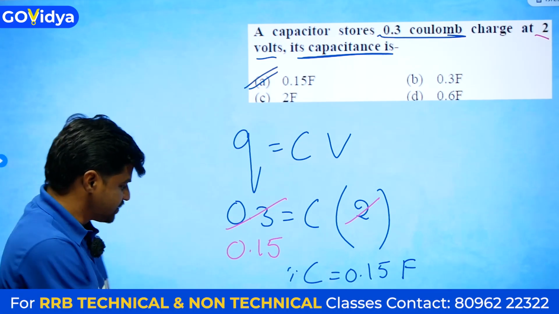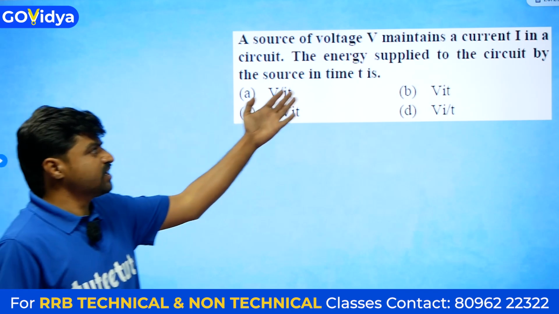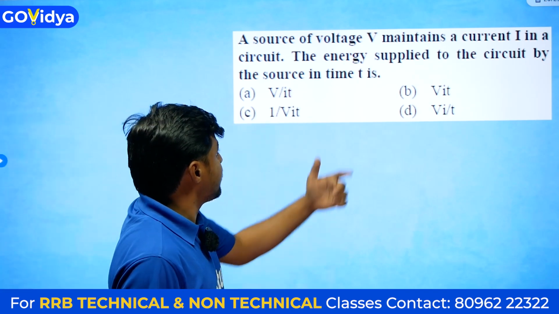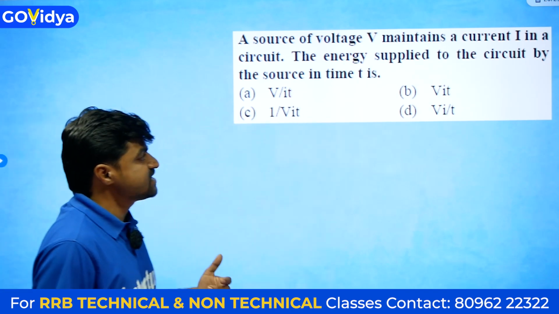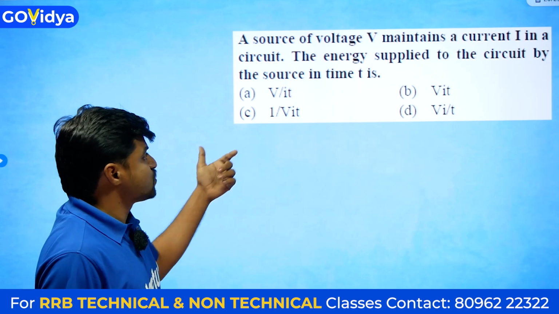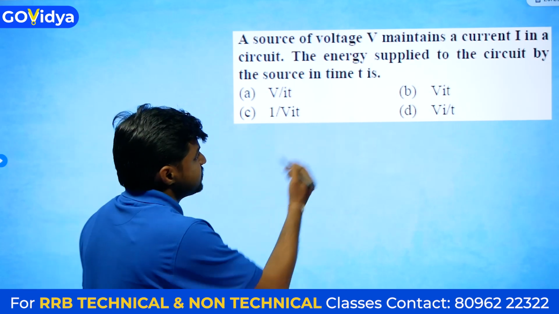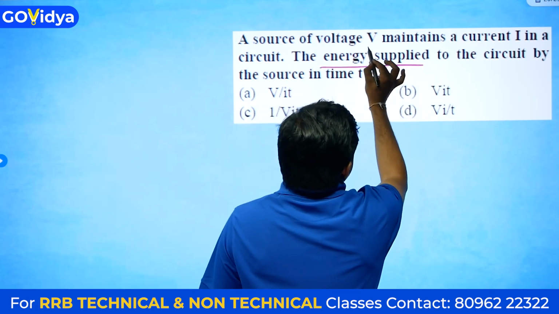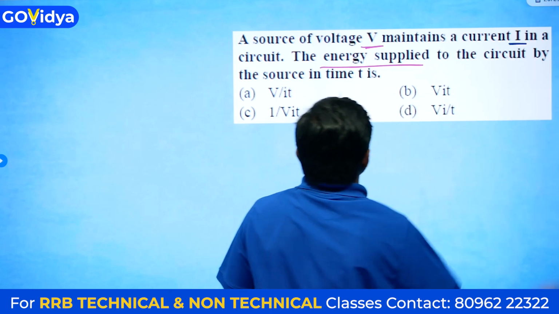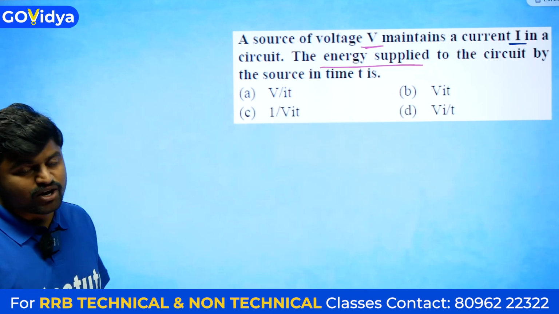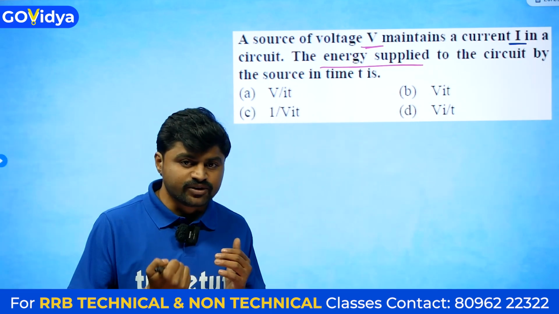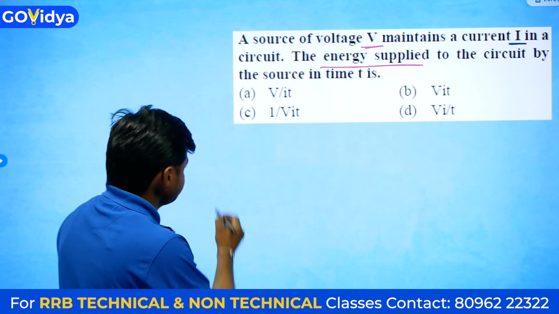Okay, next question. A source of voltage V maintains a current of I in a circuit. The energy supplied by the source in time t is, okay, energy, we have to find energy. V is given and current I is given. What is the formula of energy?